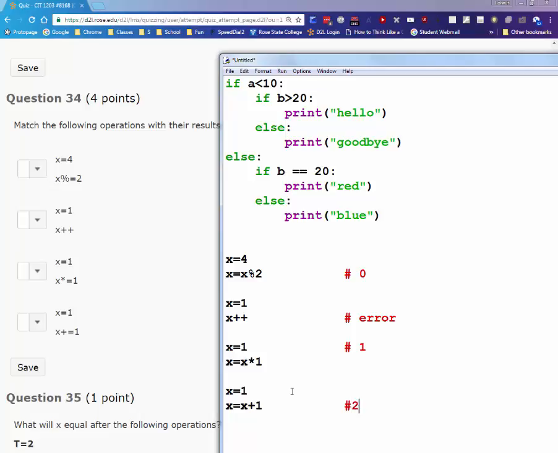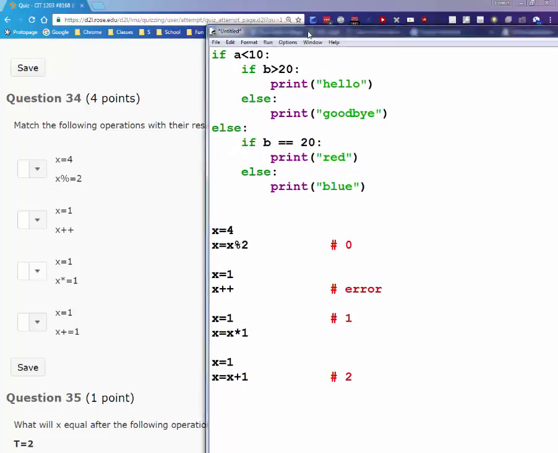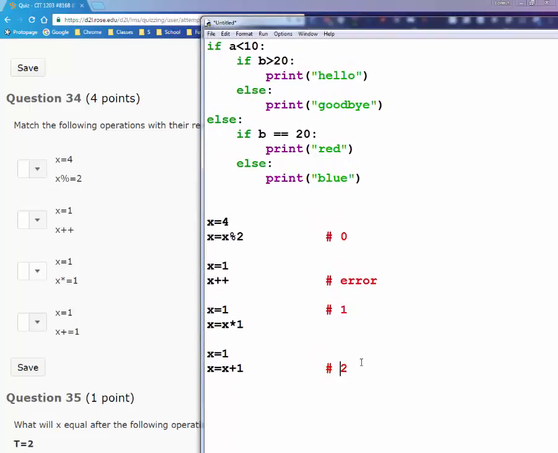So, if you missed any points on this, and you want them back, I'm going to want you to create a document for me that lists which questions, question 34, and just say how many points you need back on this one. So say you got 2 of them right and 2 of them wrong.